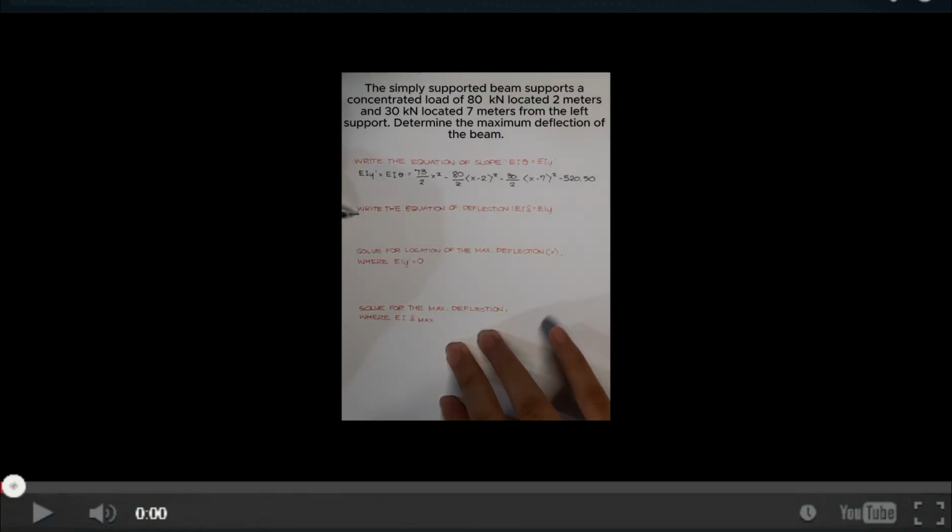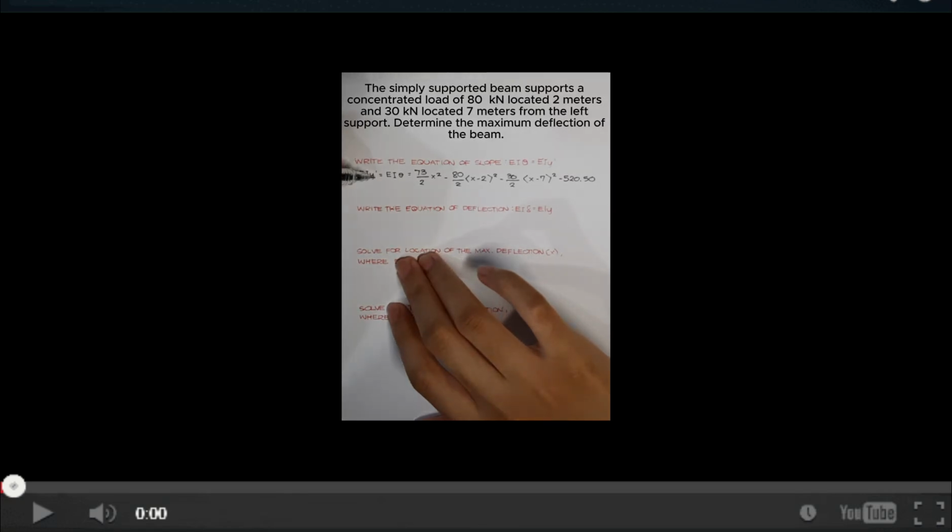Now let's move on sa equation of deflection. So the equation of deflection is equals sa second equation or the second integral. So ikakopy lang natin siya, i-rewrite lang natin, then substitute the C1 and the C2.